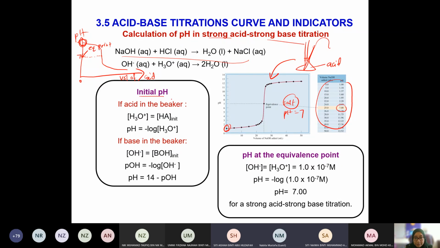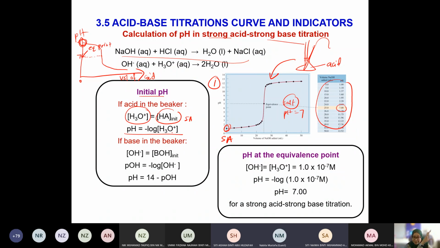Kalau subject to this graph, kita hanya ada acid sahaja in the solution, and it is strong acid. So how would you calculate the pH of strong acid? Remember, strong acid fully dissociates in water. So kita boleh kata the initial concentration of strong acid is equal to the concentration of H3O+. Therefore, the pH is equal to negative log [H3O+].